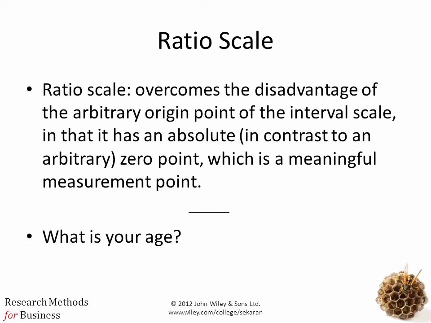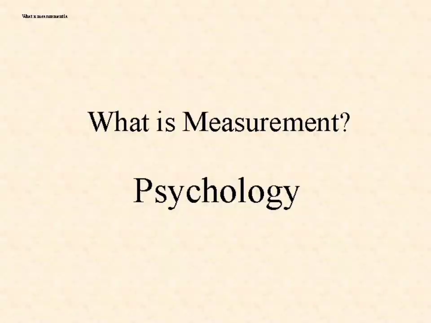The 0 point stands for none of the property represented by the scale. All the postulates of measurement, which we will talk about in some time, are applicable in this scale, and obviously it is an ideal scale for all scientists.